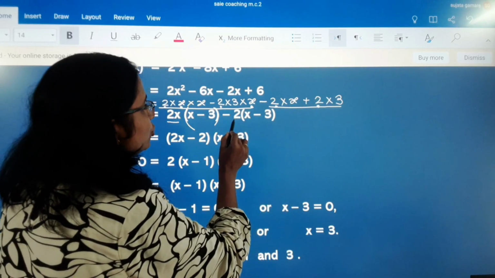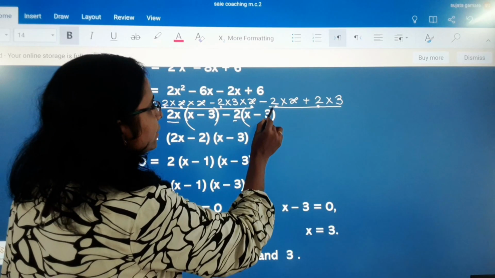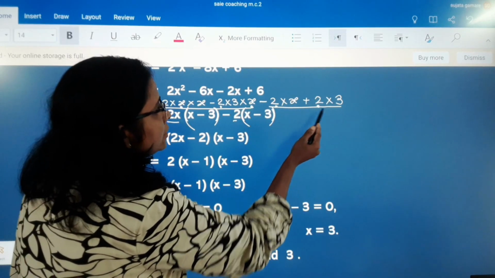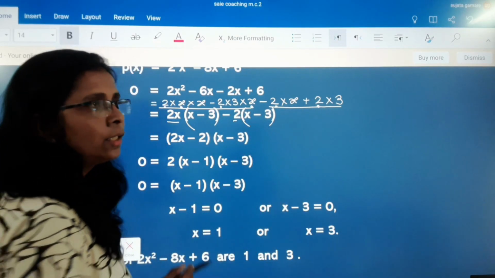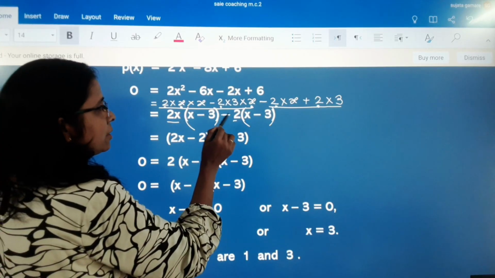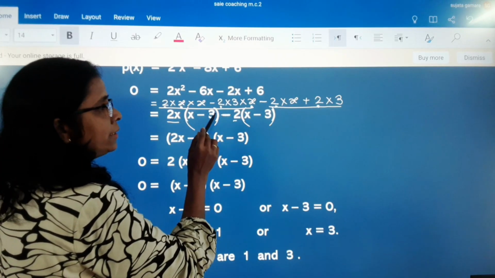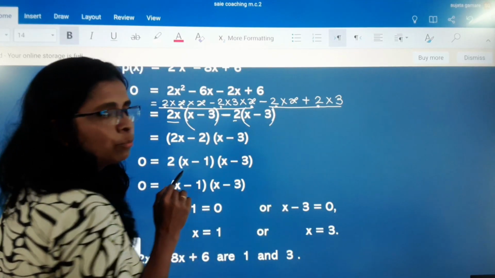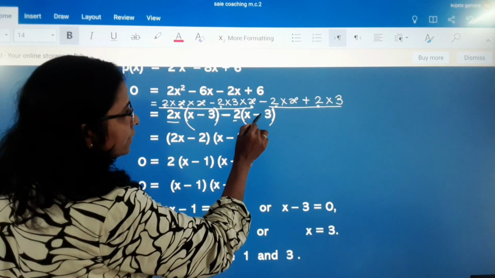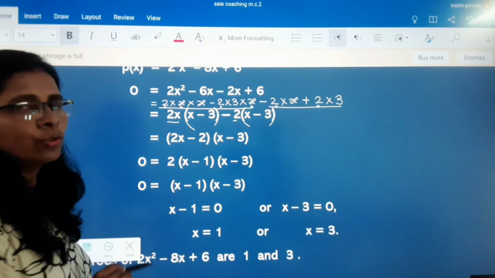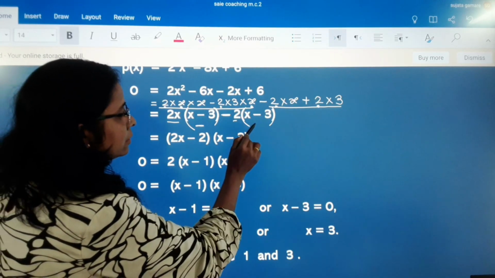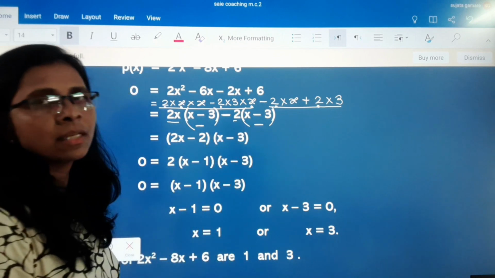So the common factor is 2 and in the bracket the remaining term is x minus 3. Outside there is a minus sign. So in place of the positive sign, we write minus here. Okay. So now see that these brackets are the same.